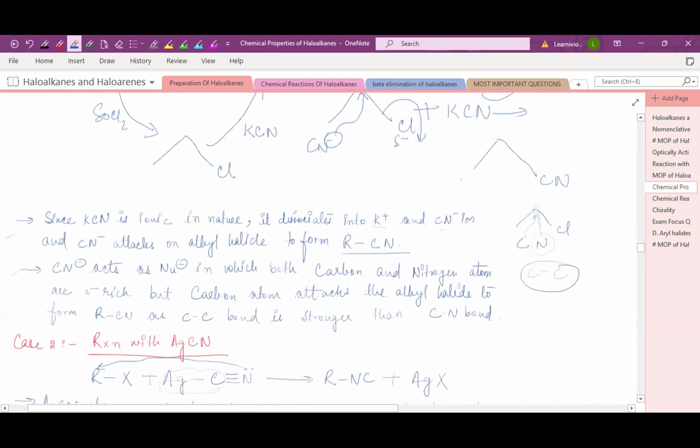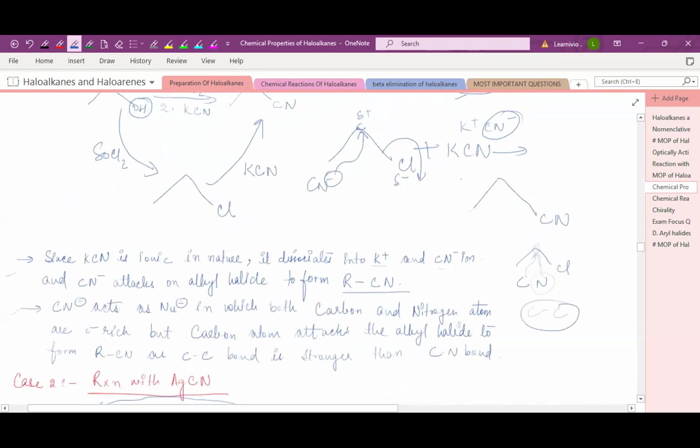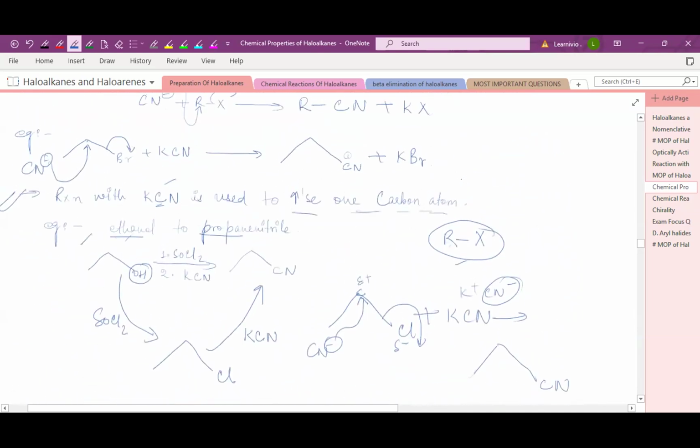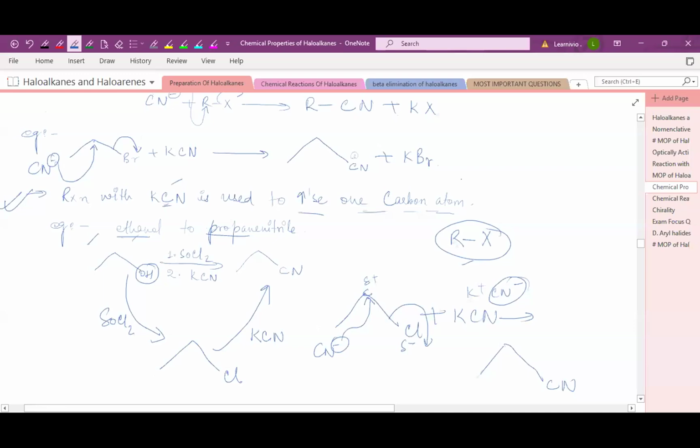Because one thing, if it is clear, like if the bond of the ambidentate nucleophile is with the potassium, it is ionic in nature, so it will dissociate. And here in the case of KCN, it will attack from the carbon side, and in the case of KNO2, the attack is from the oxygen.